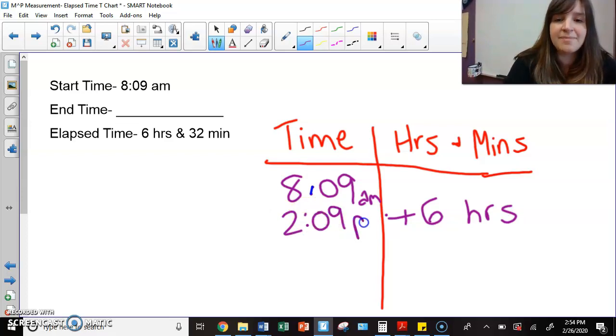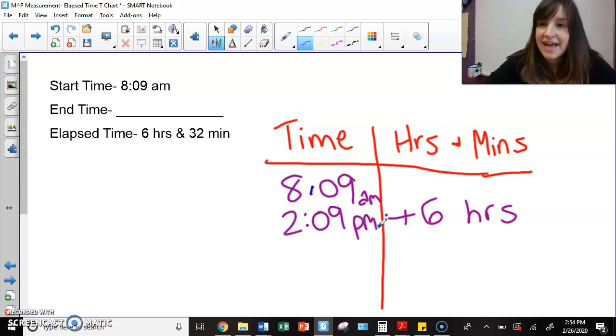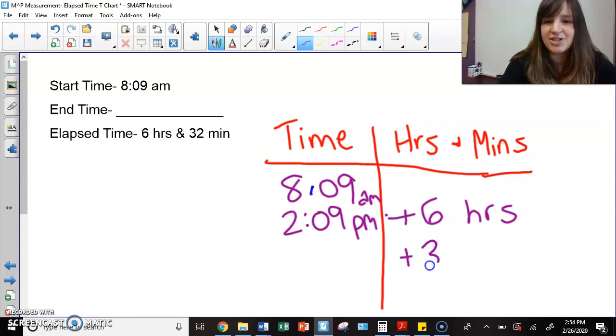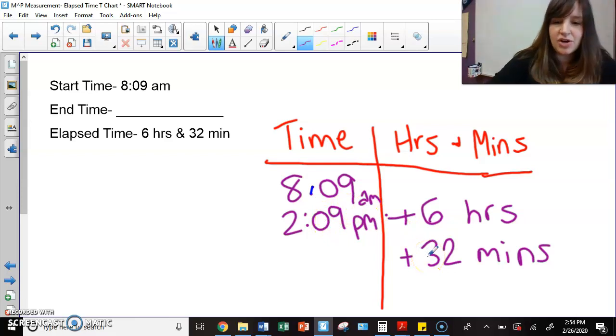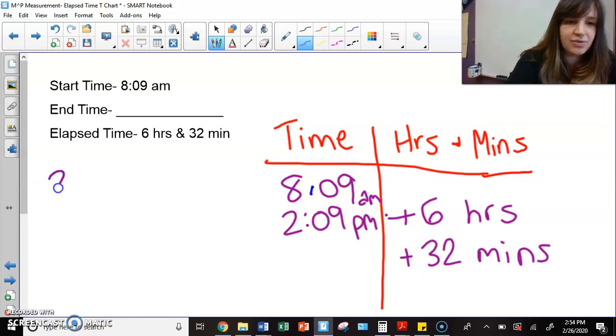2:09 p.m. Now I have to add the minutes that have passed. So I'm going to add 32 minutes. Okay. And because this part of my time is the minutes part, I'm going to add 9 plus 32. So I could do that on the calculator or on paper or mentally.